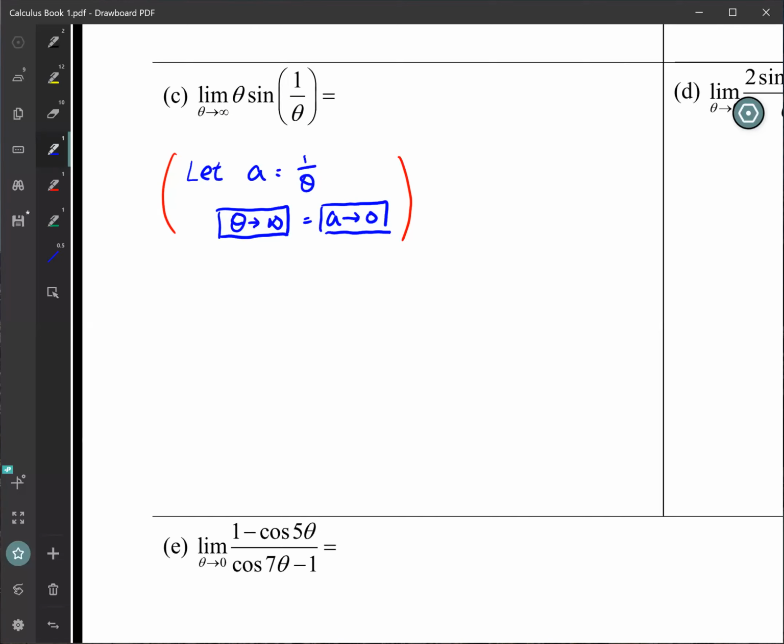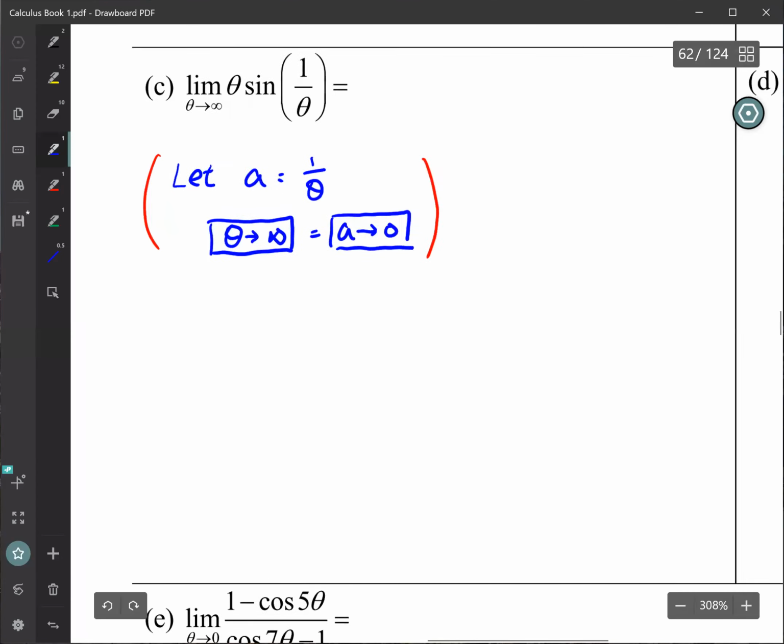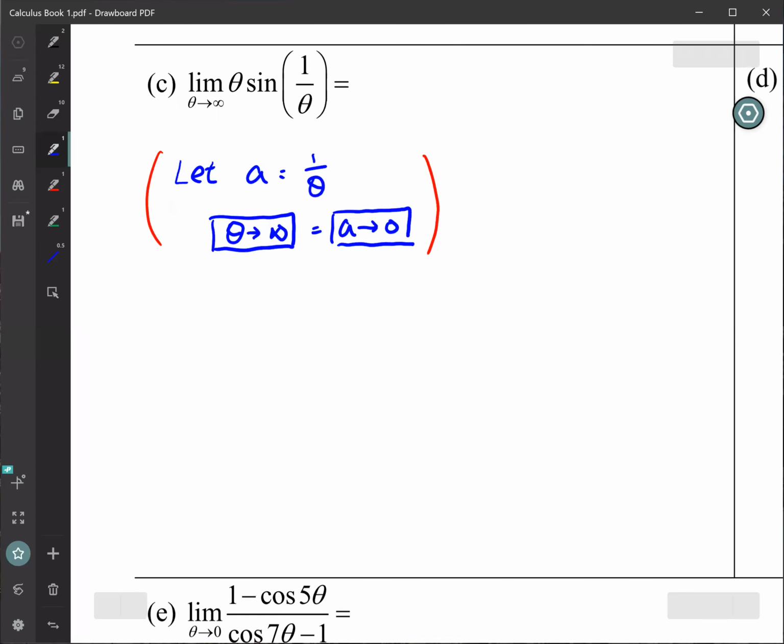Jason, when it says theta approaching infinity equals A approaching 0, does that mean we can use both of the limits in the same question? You can only use one. Oh, okay. That's why we do the substitution, so we don't have to deal with infinity. Because the identity we have doesn't have infinity, right?